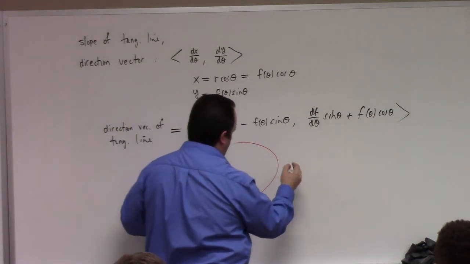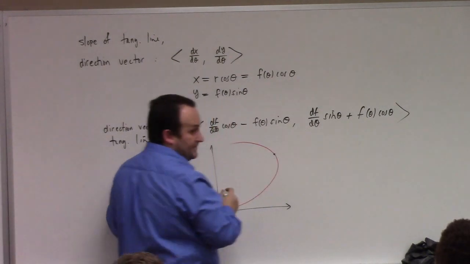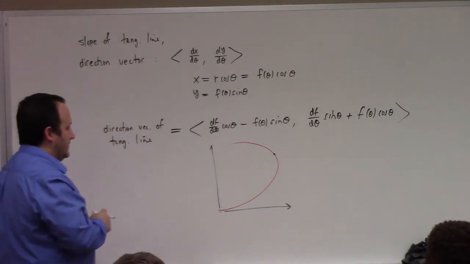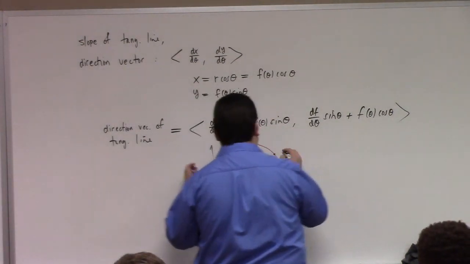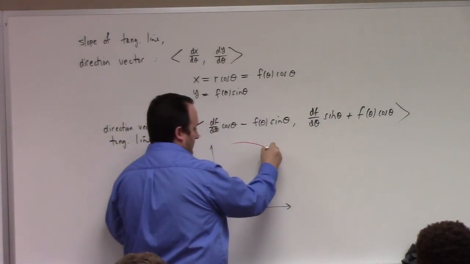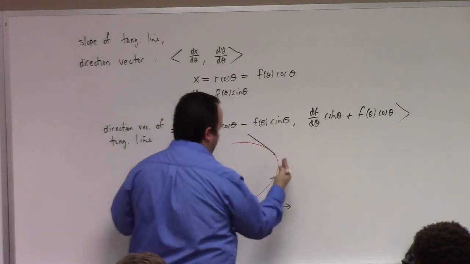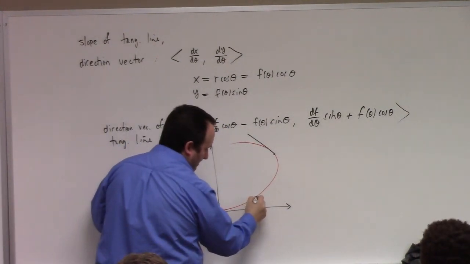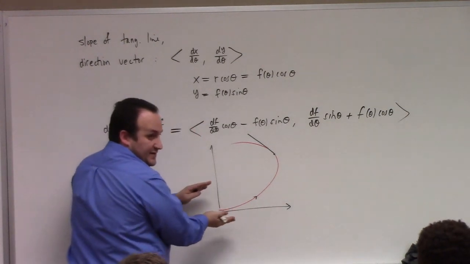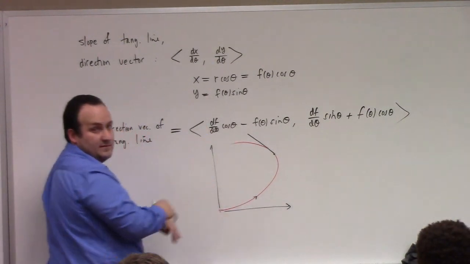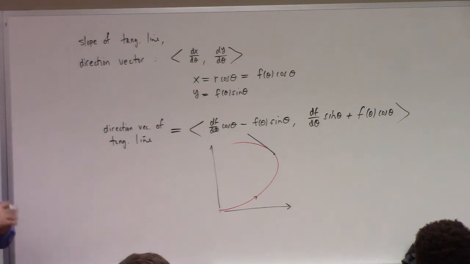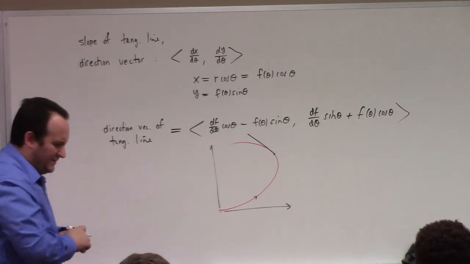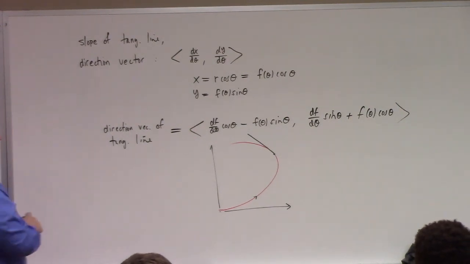So I pick this point wherever, right? Then if I was to draw a tangent like this, in the direction of theta, as theta is increasing, we're sweeping that way, I believe. I could be wrong about this, but let me just assume f is not weird.